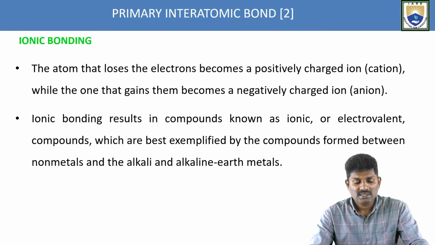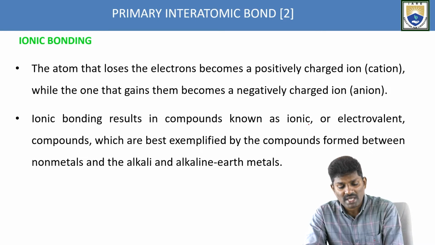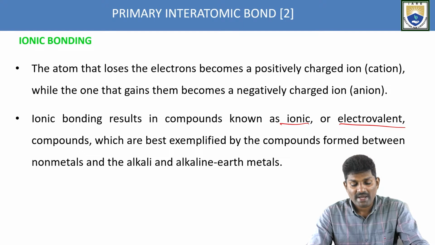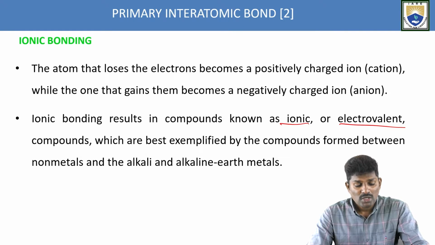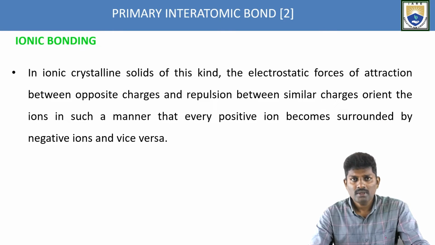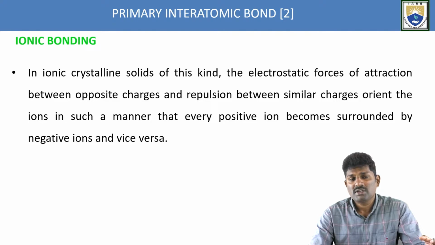Ionic bonding results in compounds known as ionic or electrovalent compounds. So we have the two names, ionic or electrovalent bonding, best exemplified by the compounds formed between non-metal and metallic elements. In ionic crystals, solids of this kind, there is an electrostatic force of attraction between the opposite charges. So there is a huge electrostatic force of attraction when there are different charges.